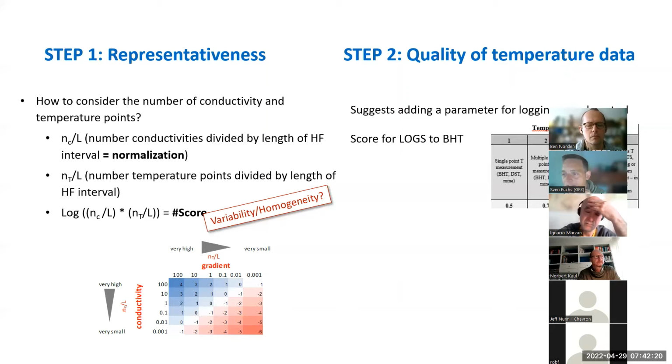So one could add this when available as additional information.